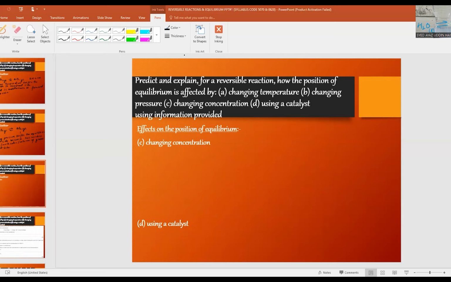Changing concentration. This is very simple. If we increase the concentration of the reactants, the equilibrium will shift towards the product side. I'm writing the same reaction.